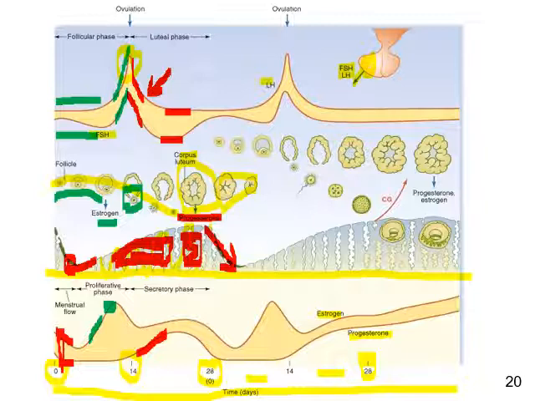But if that doesn't happen, there is no signal from the uterine endometrium to maintain the corpus luteum. The corpus luteum then degenerates and the uterine endometrium degenerates and there is menstrual flow.